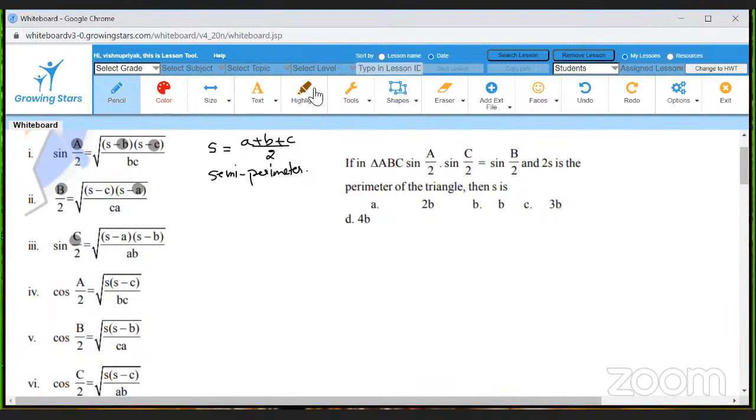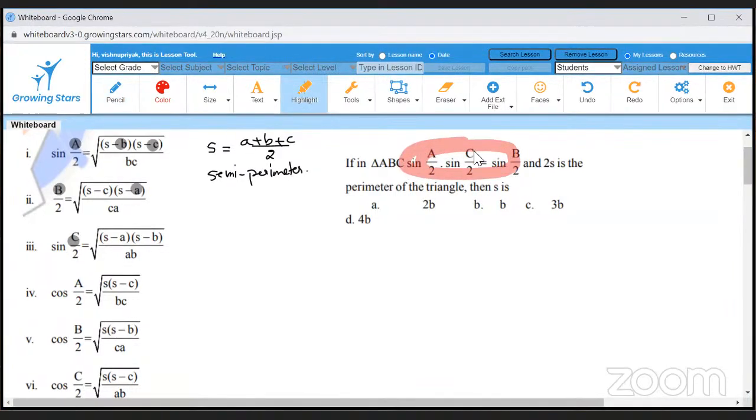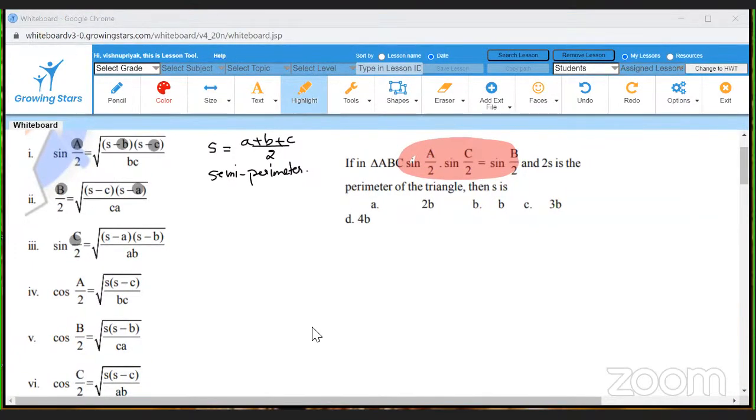You have to start with what is given. Yes, second one, second formula, sine B by 2, Tarun.